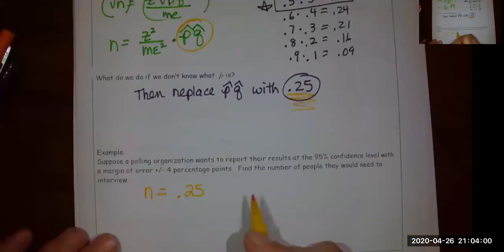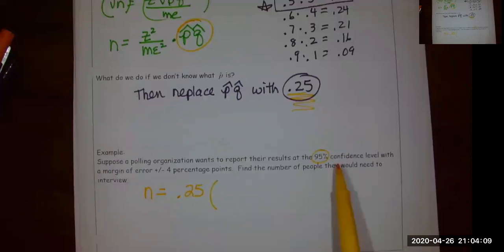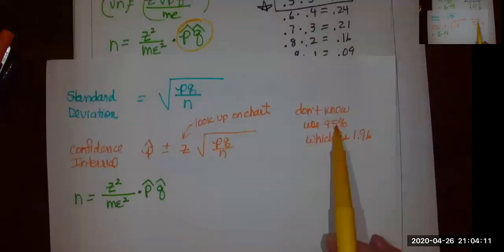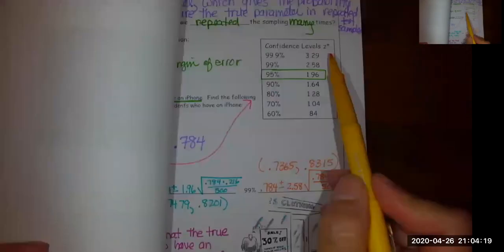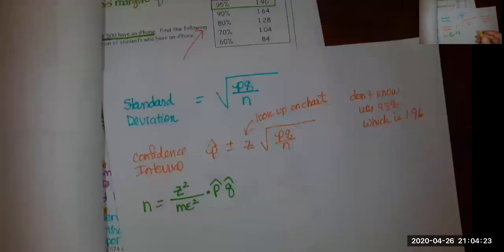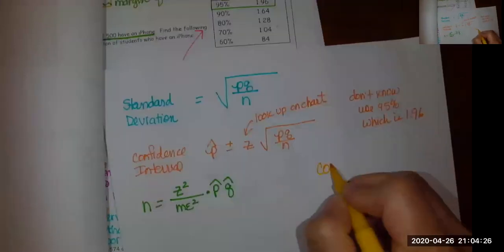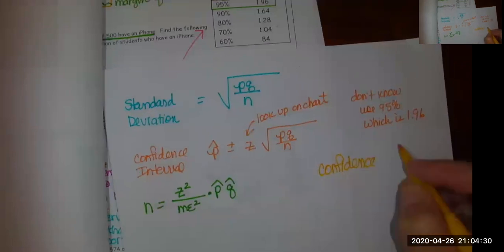So 0.25. Now, what is the number for the 95% confidence level? Remember, 95 is 1.96. Let's look back so you see where that was. You wrote it down in your notes. Here's your confidence levels. Matter of fact, I think you should put your confidence levels on your note sheet. Come on, if I can make one again, you can make one.